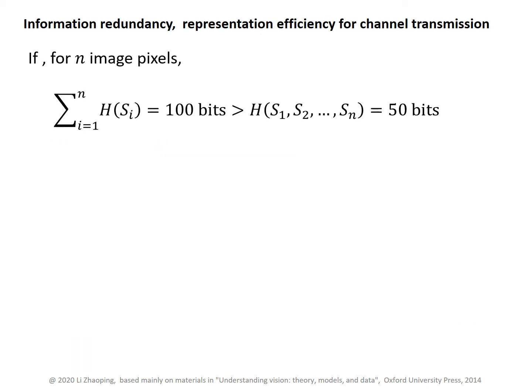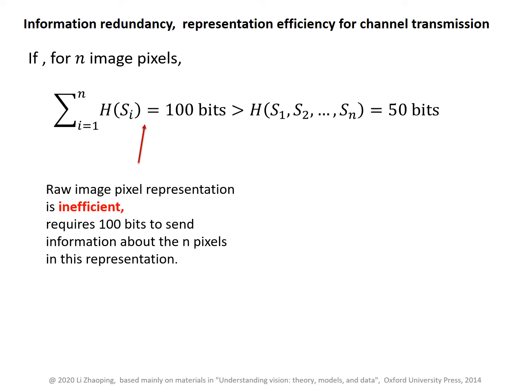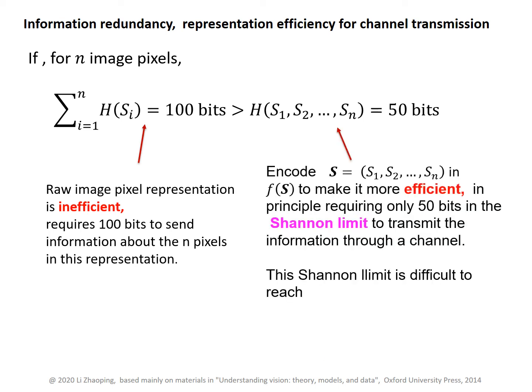So for example, if in an n pixel image, the raw representation requires 100 bits of coding resource, but the total actual information is only 50 bits, it would be nice if we could transform the pixel representation to another more efficient representation before we transmit the information down some information channel.